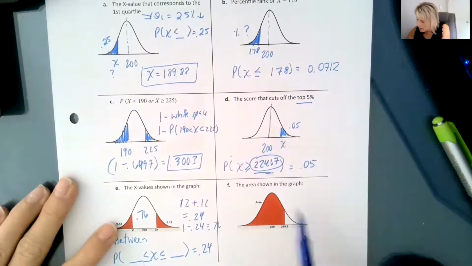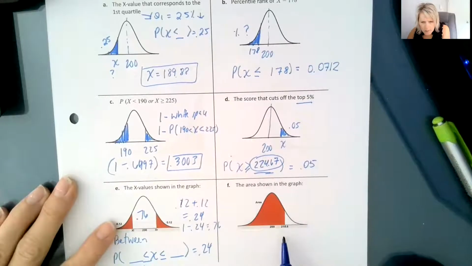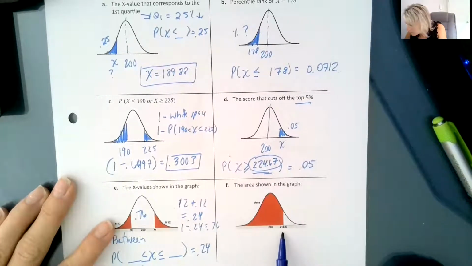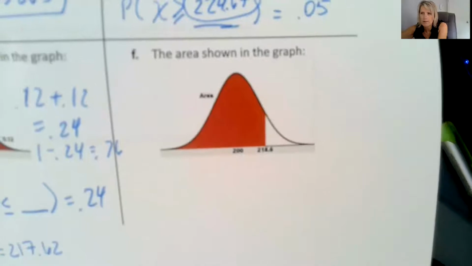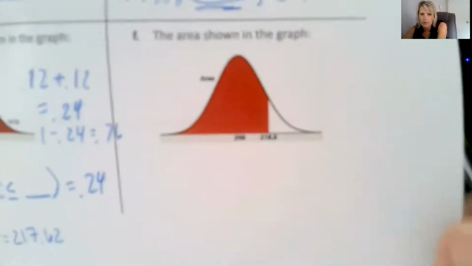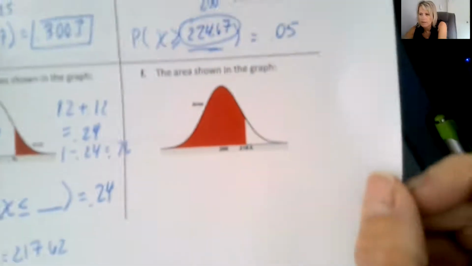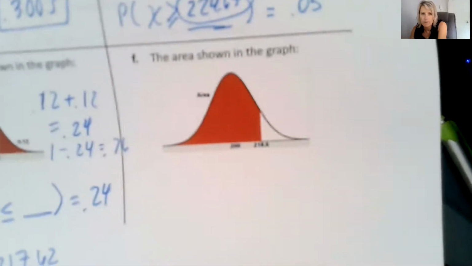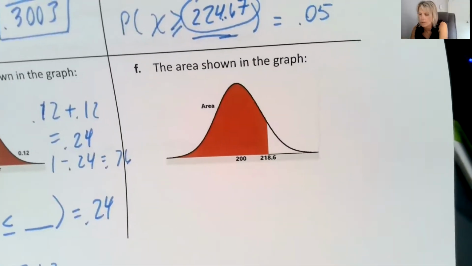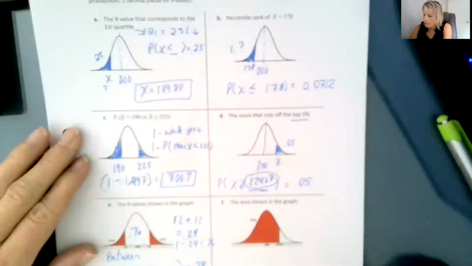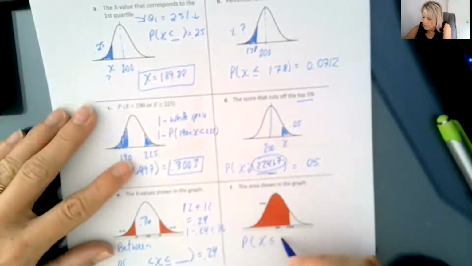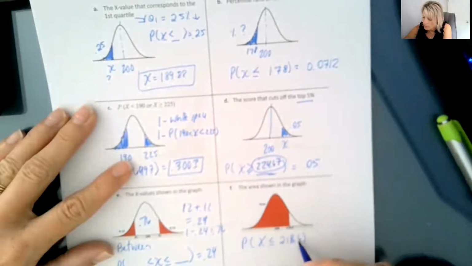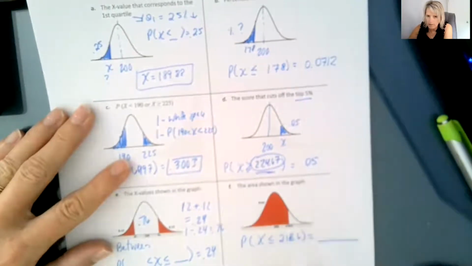So we want to know the area that is less than 218.6. Okay. So we're looking at the probability that X is less than or equal to 218.6 is equal to what?